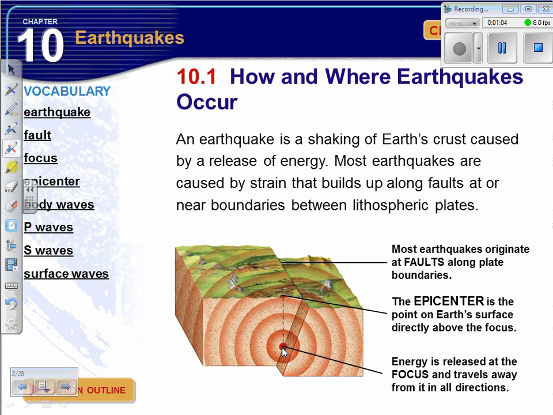Once again, the focus occurs underground, the origin of the earthquake, and the epicenter is the point on the surface that we point to as the origin of an earthquake.